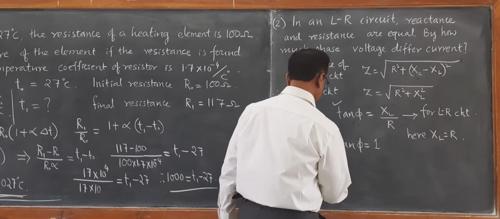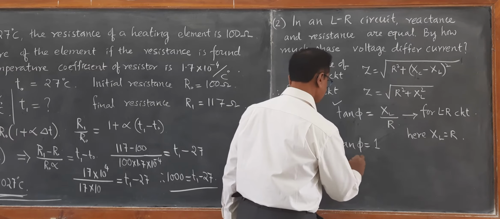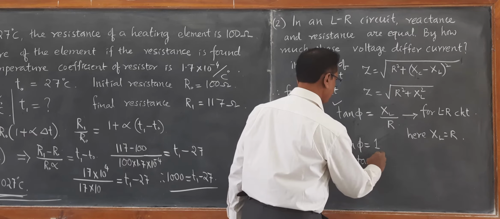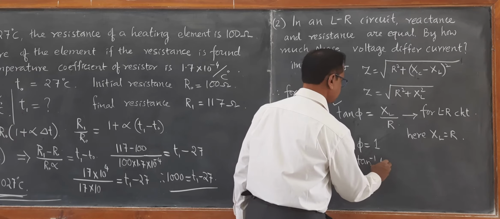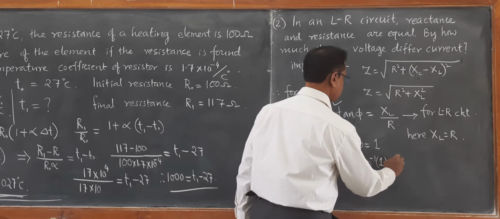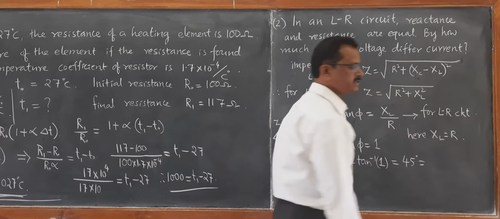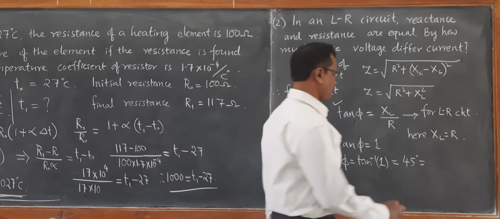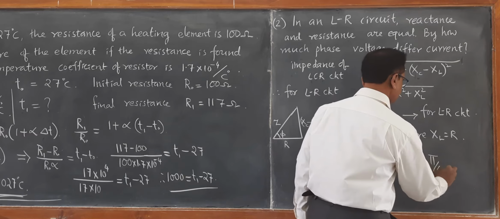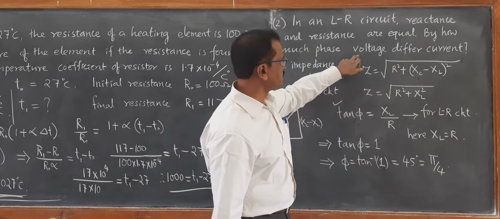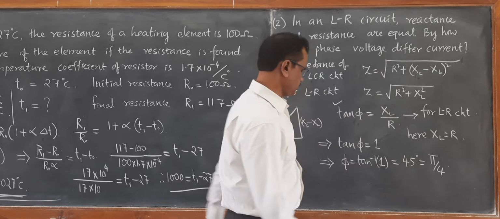Therefore, phi is equal to tan inverse of 1. Tan inverse of 1 implies 45 degrees. That is pi by 4. Therefore, the phase difference between voltage and current is pi by 4.